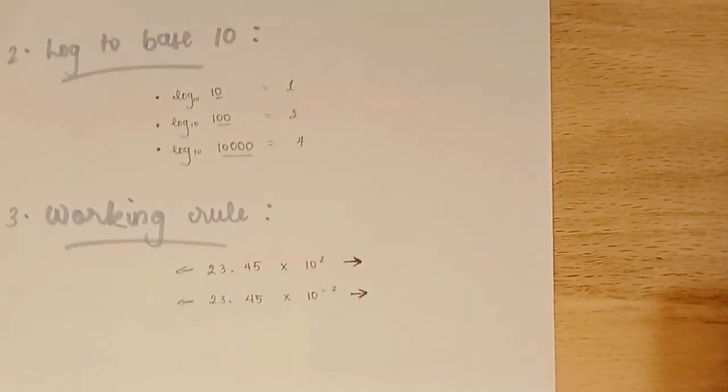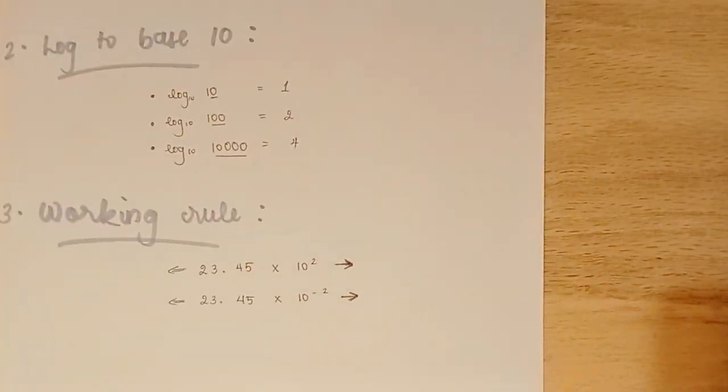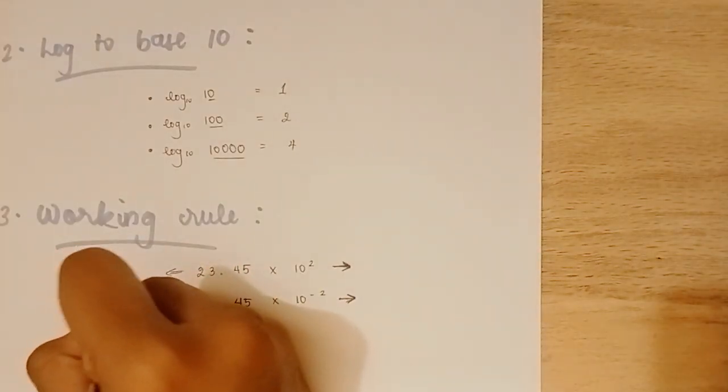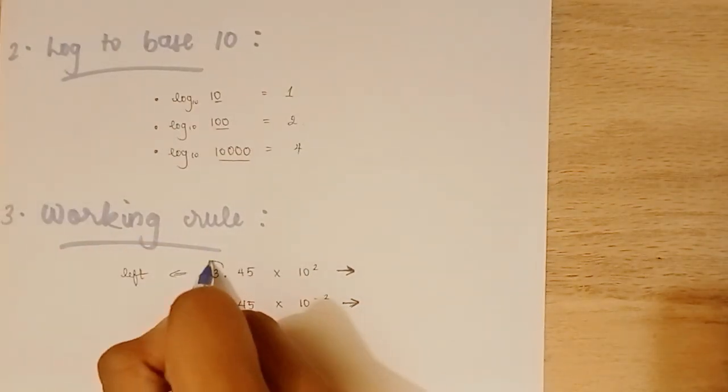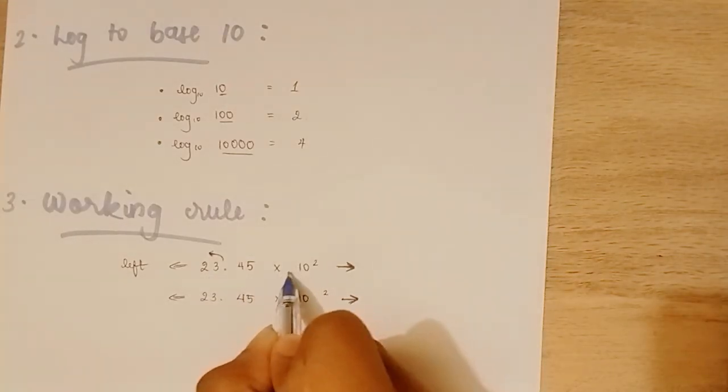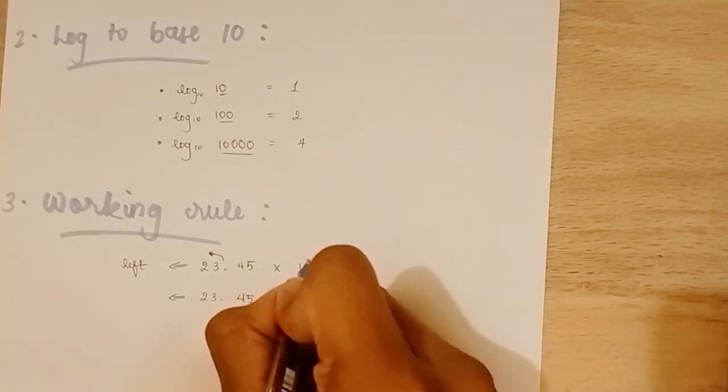Next, we'll go to the working rule. So what is working rule? Working rule is basically shifting the decimal point. If you want to shift the decimal point towards the left side, then you multiply the number with 10 raised to the power minus 2.